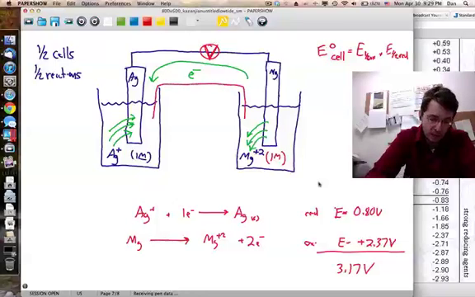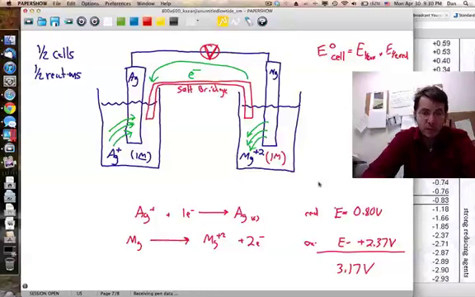And for this, there's a third component in most of these cells that we call the salt bridge. Usually this is some sort of conductive medium that is filled with a salt, like sodium chloride or sodium nitrate. Some sort of inert salt.